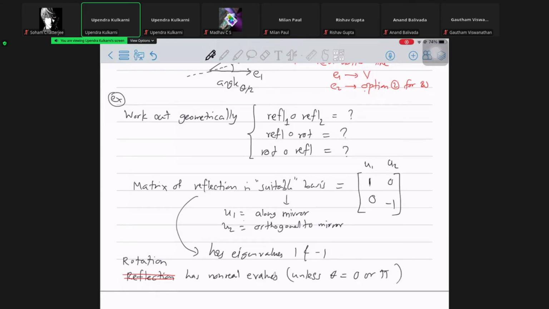That means the plane spanned by f1 and f2 has to stay fixed, because if two vectors are fixed, then any linear combination will also be fixed. And f3 will get sent to minus of itself. So everything will be reflected in the plane orthogonal to f3.